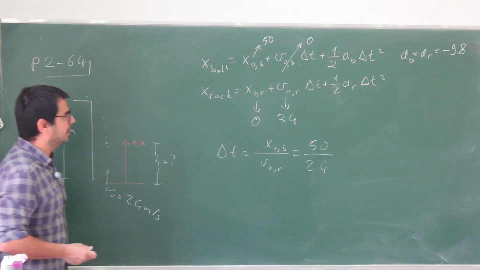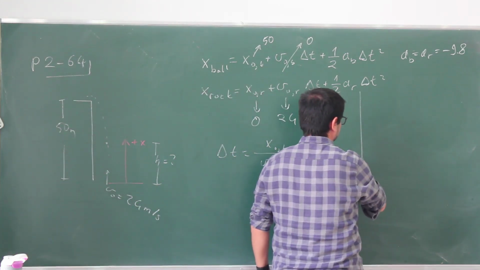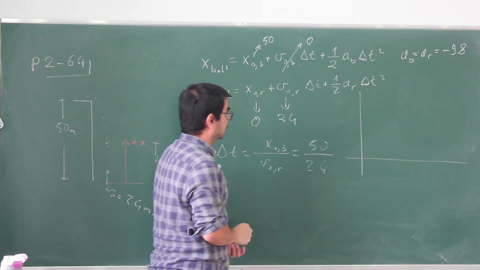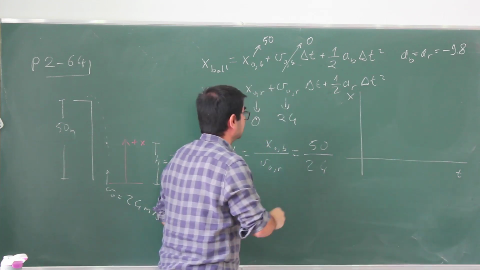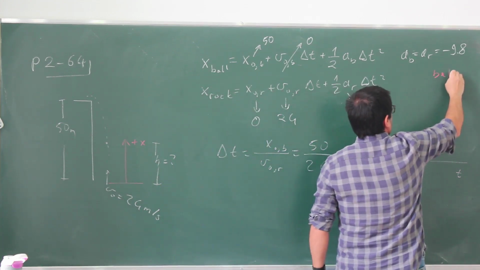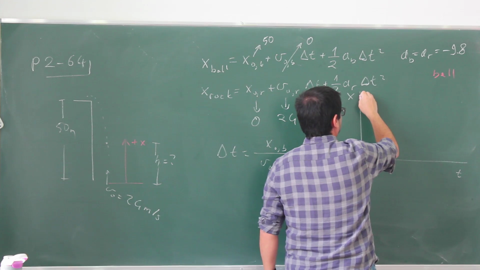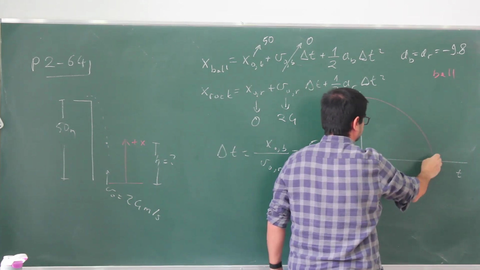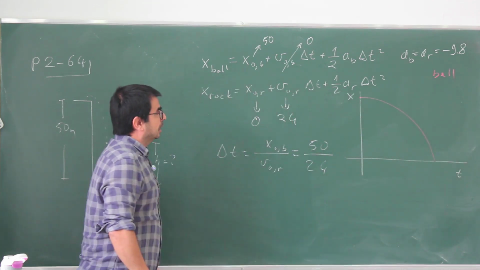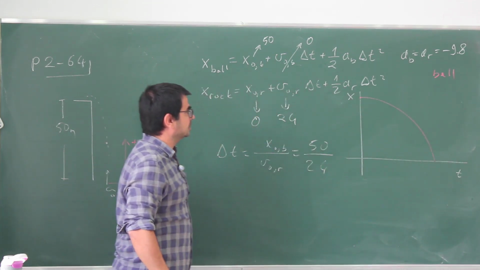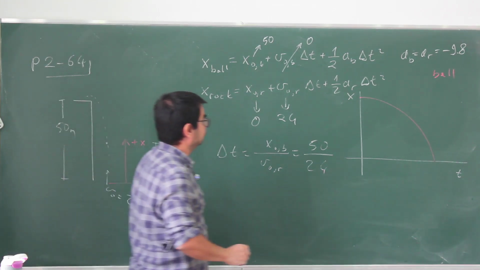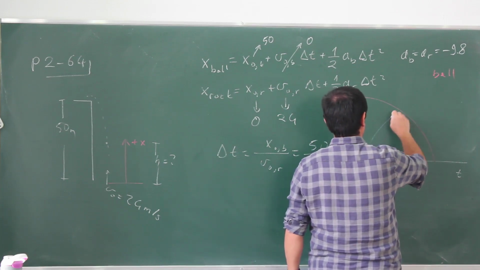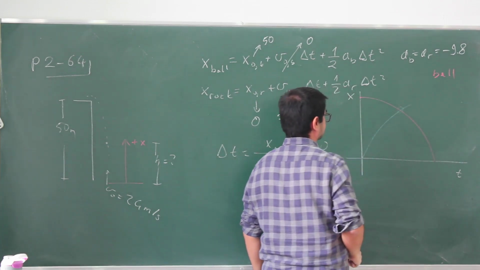Now what does this look like graphically? Let's also do that one. So x versus t. The ball, let's do this with red, starts from 50 and drops down as a parabola. Its initial velocity is 0, so this is the tip of the top of the parabola. Whereas the rock is going to be drawn up, so they collide somewhere here.